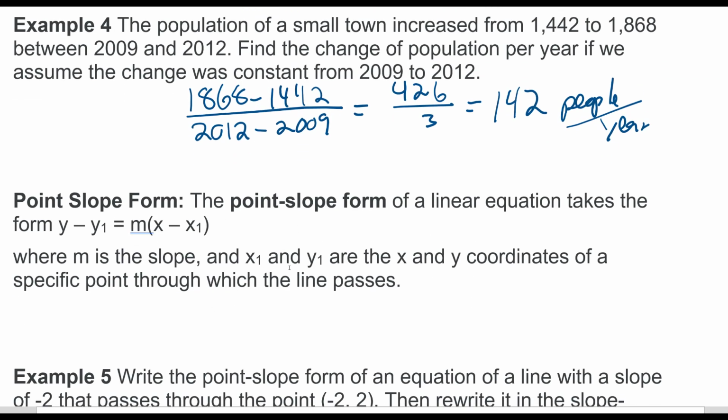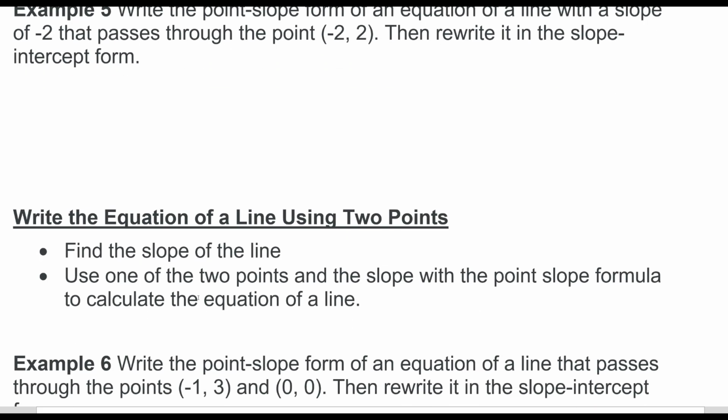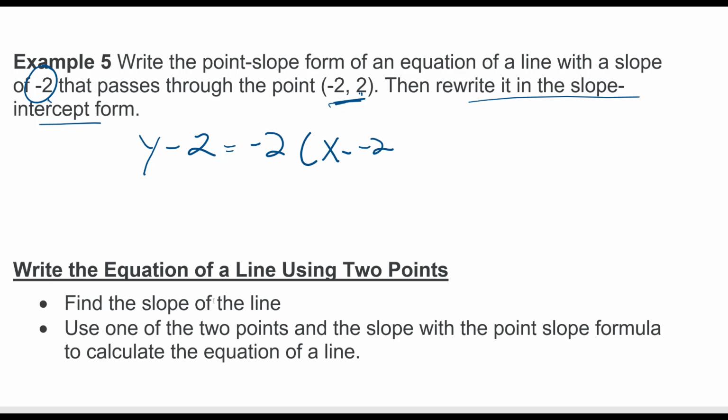So m is the slope, x1, y1 are the x and y coordinates of a specific point through which the line passes. So write the point slope form of an equation of a line with slope negative 2, there's our slope, and the point (negative 2, 2). Then rewrite it in slope-intercept form. So we have y minus the 2, the y value, equals negative 2, the slope, times x minus negative 2.